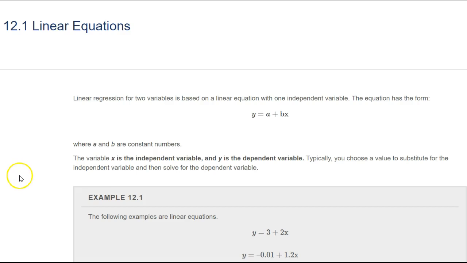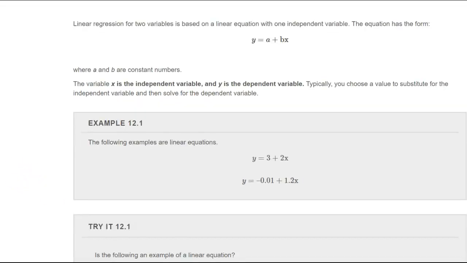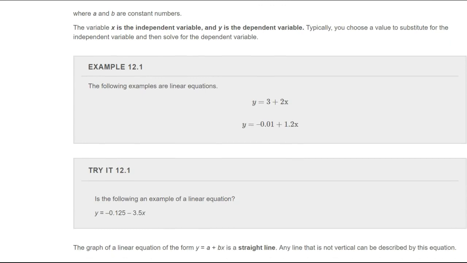So here's a couple of examples of linear equations. You have probably seen lines before. It's set up slightly different in terms of it's not y equals mx plus b, but we could translate it to that. So y equals 3 plus 2x, we could translate to y equals 2x plus 3. And y equals negative 0.01 plus 1.2x.